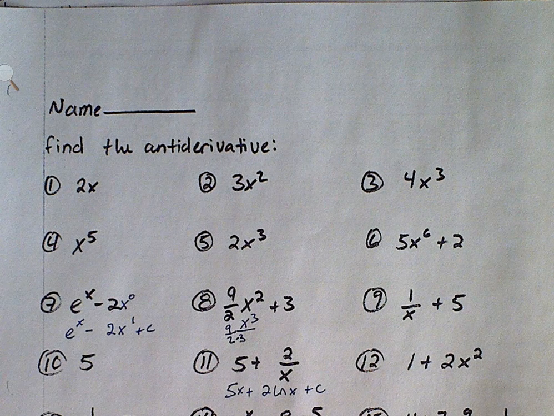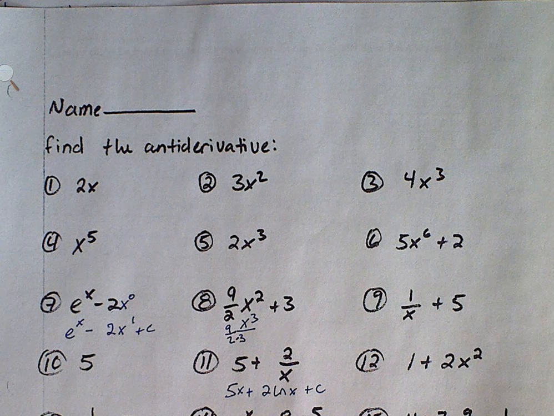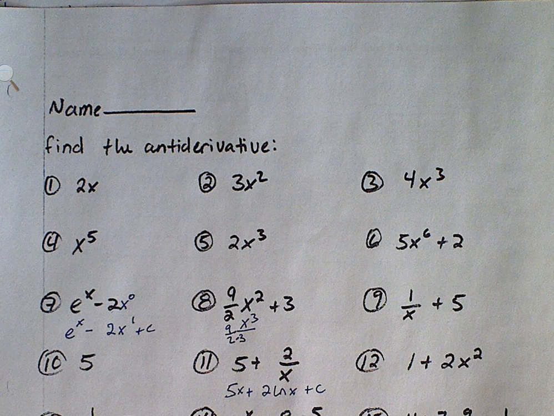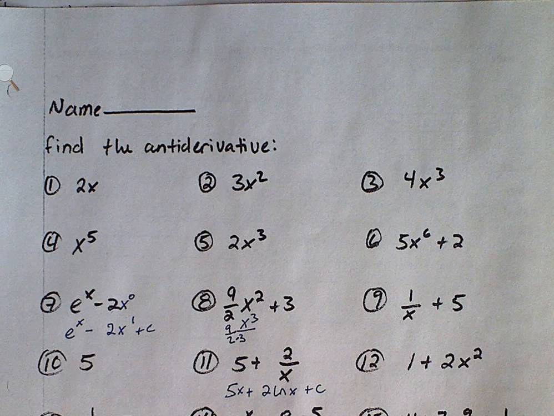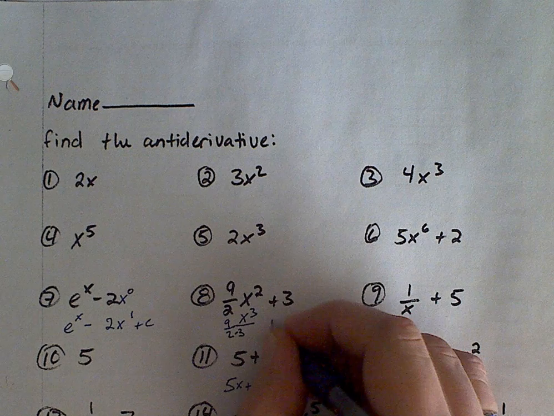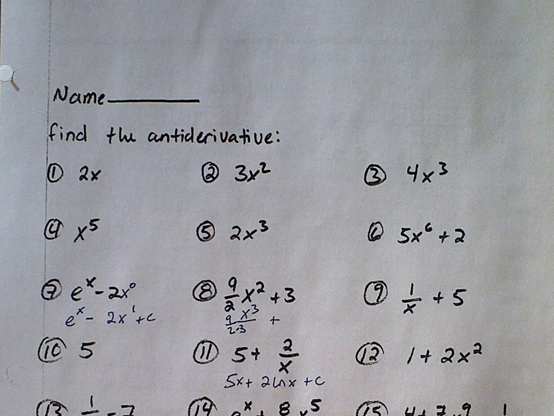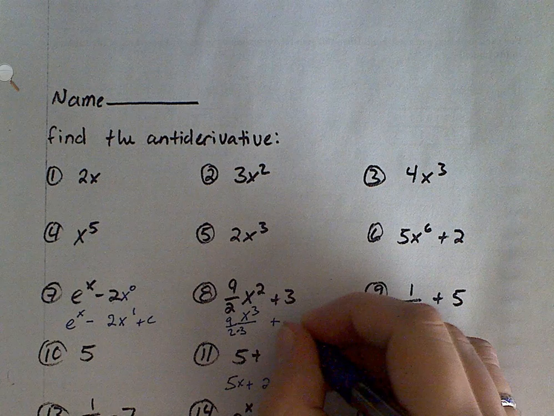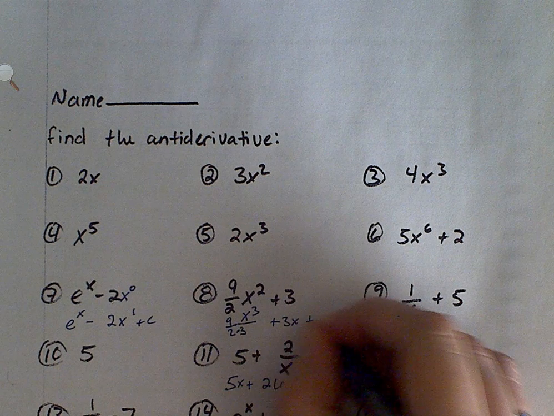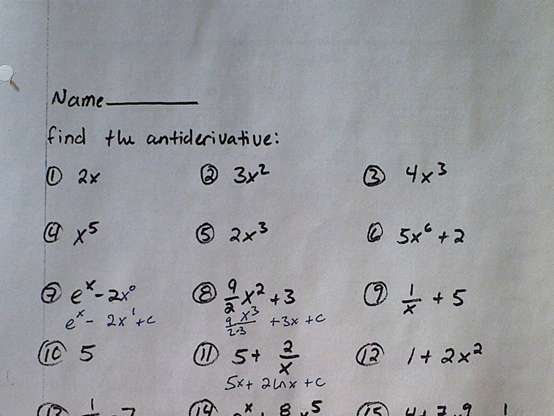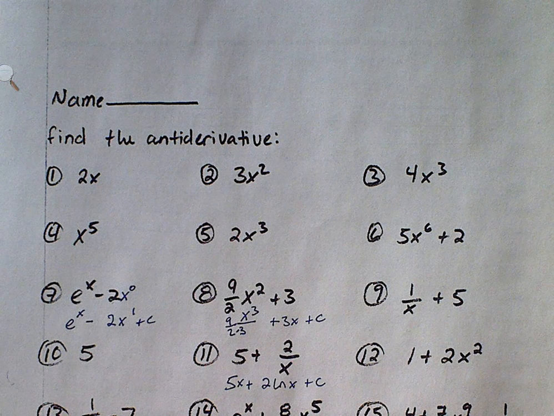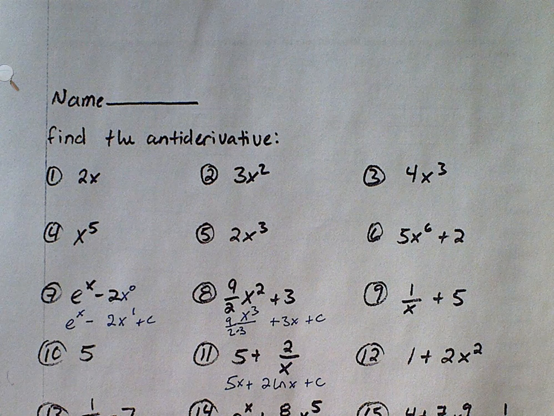Right. So it becomes 9x to the third over 6, or 3 halves x to the third. Ooh, good. And then plus, based on what happened to the 2 and the 5, what happened? Plus 3x plus c. So 3x to the third over 2 plus 3x plus c.